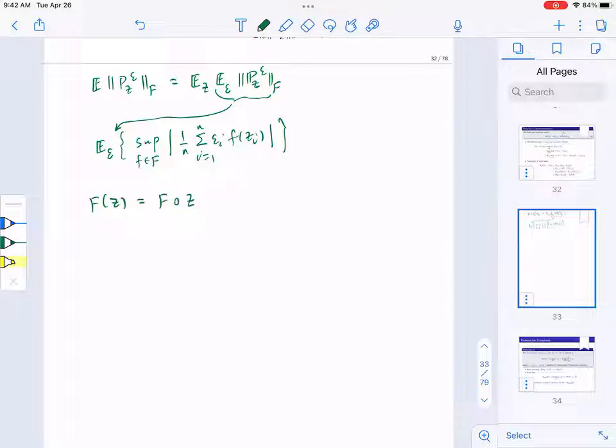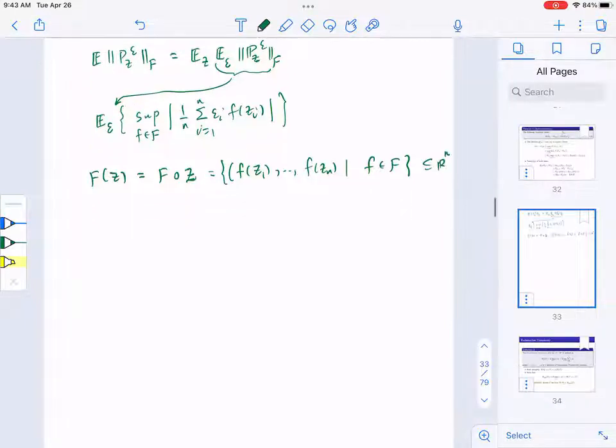This matches notation in other books, like the book by Ben-David. This is the set of all functions restricted to the training set, for f in F. So this is going to be a subset of R^n.